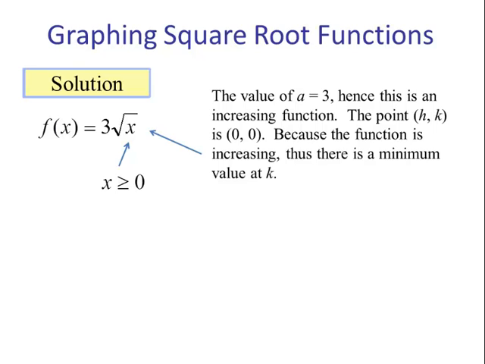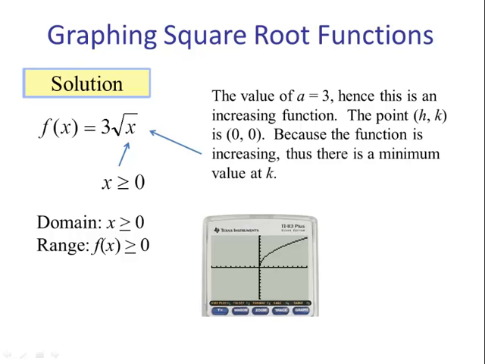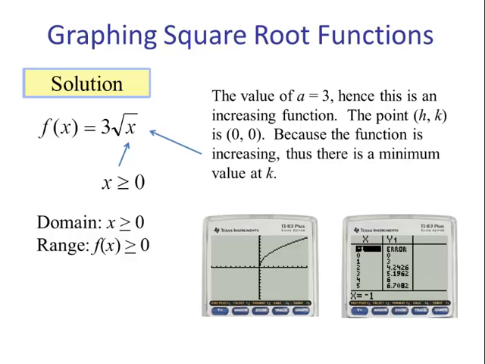In this case, h and k are both 0. Since the function is increasing, there is a minimum value at k. So our domain is all numbers greater than or equal to 0. And for the range, since we have a minimum, it's all values greater than or equal to 0, the minimum value. This can be verified using the graphing calculator.